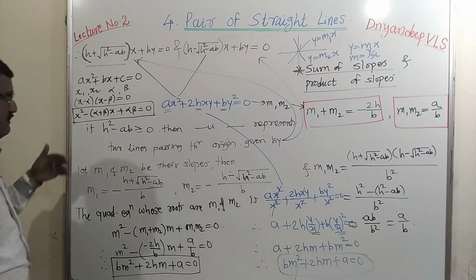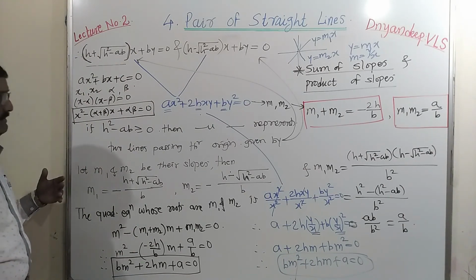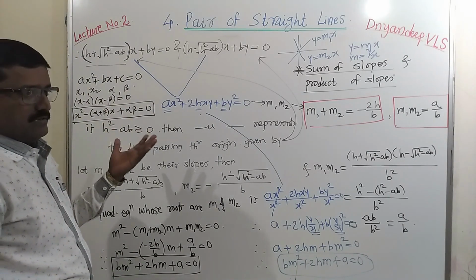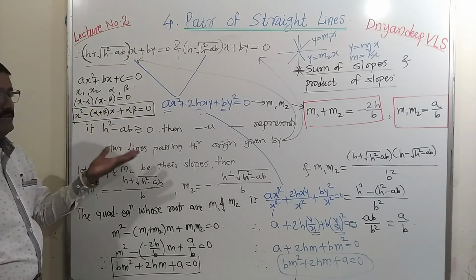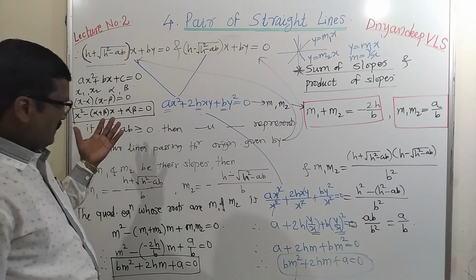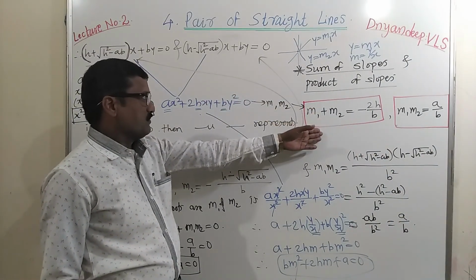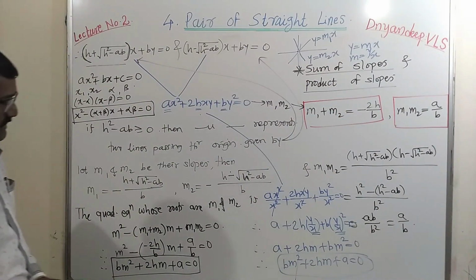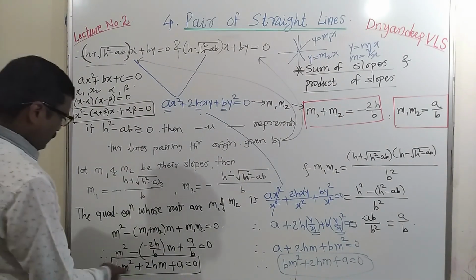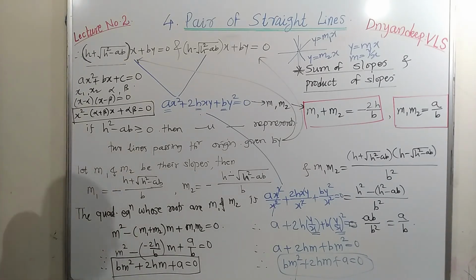From that we obtained one important result about the nature of the lines, whether the lines are real and distinct, real and coincident, or imaginary. Then the sum of the slopes and product of the slopes: the sum of the slopes is m1 plus m2 equal to minus 2h upon b, and m1 m2 equal to a upon b. And the last important article is the auxiliary equation of a pair of lines.